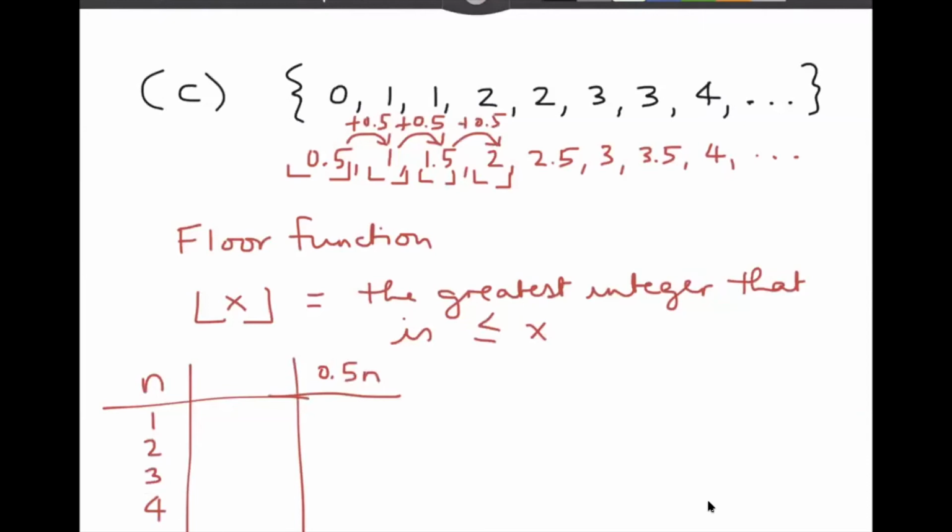Oh, I think this is going to give us exactly what we want, isn't it? 0.5 times 1 is 0.5, 0.5 times 2 is 1, 0.5 times 3 is 1.5. Excellent. So in this case, we do not have to add or subtract something like we did in the last problem. So we can just say that a sub n is the floor of 0.5n.